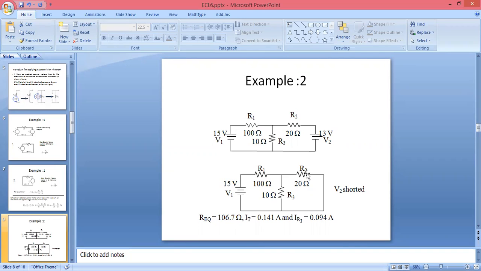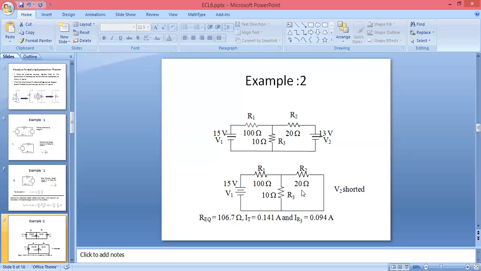How will you calculate? R2 and R3 parallel hai. If two resistors are parallel, then 1 upon R equivalent equals 1 upon R2 plus 1 upon R3. Then you will get R2 plus R3 upon R2 into R3. और तुमको R equivalent करना है, तो R2 into R3 upon R2 plus R3. ये दोनों का R equivalent मिलेगा, that will be in series with this R1 resistor.